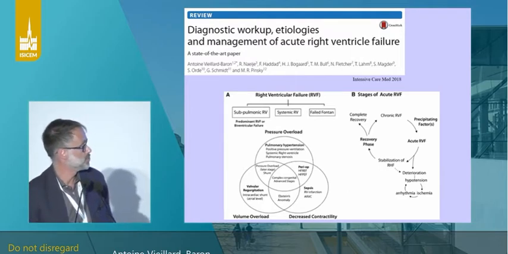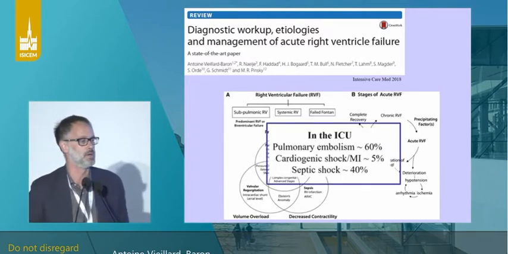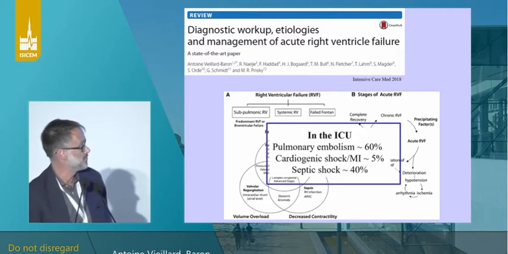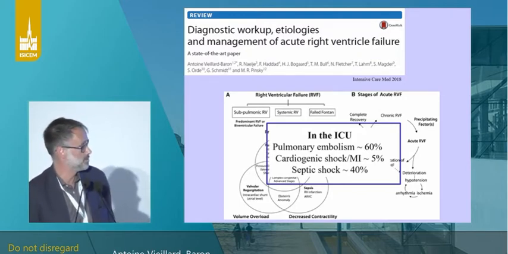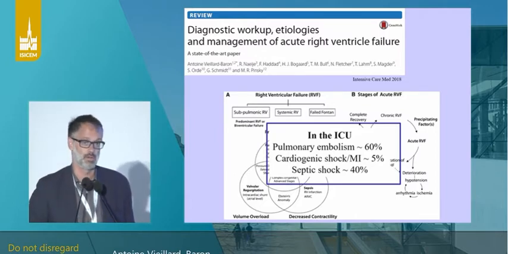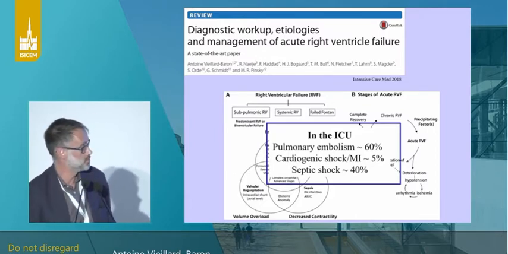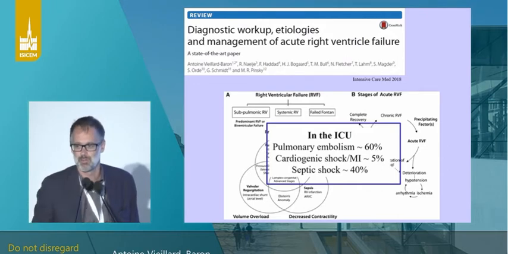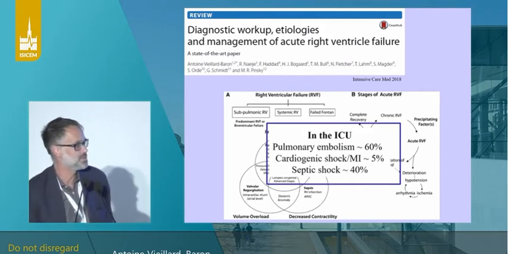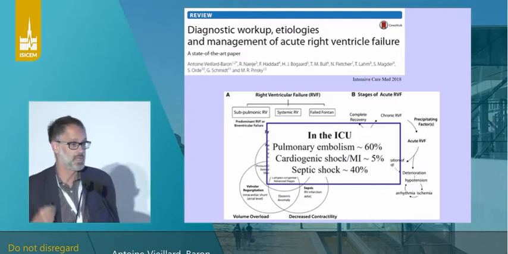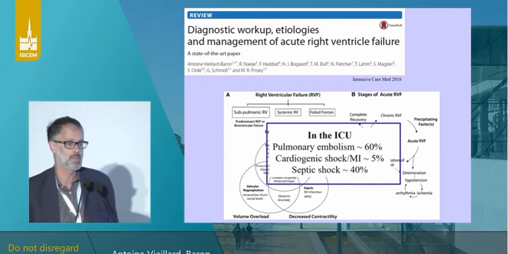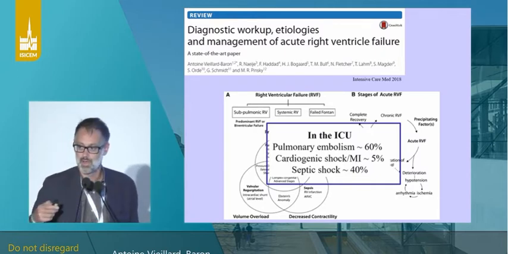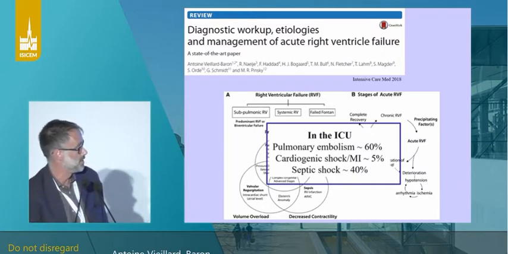And I just want to give you some epidemiological data very briefly about the causes. If you take patients hospitalized in the ICU for a pulmonary embolism, so it's a very selected subgroup of patients, the incidence of right ventricular failure is around 60%. If you take now a patient hospitalized for cardiogenic shock related to myocardial infarction, you will have RV injury or RV failure in around 5%.